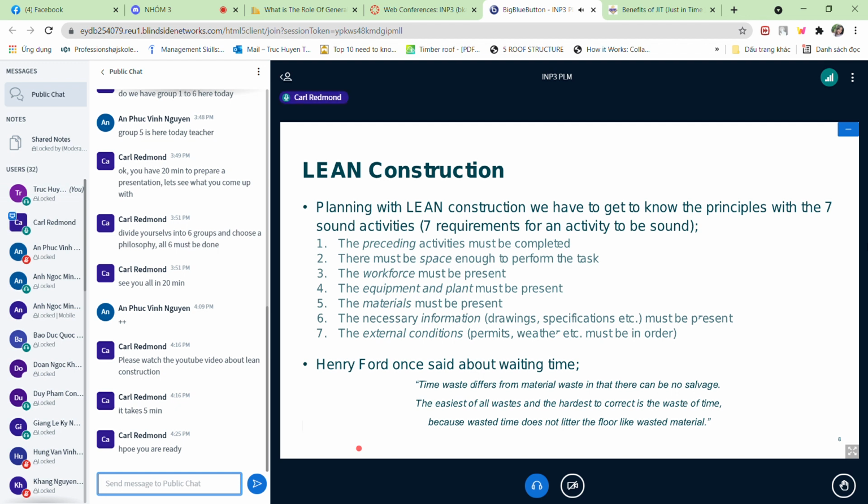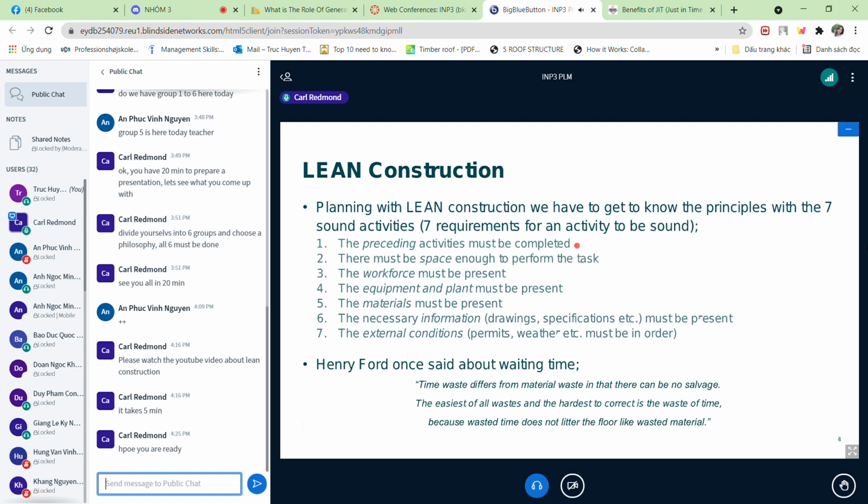If we look at the first requirement, number 1 is that the preceding activity must be completed. Now this is very important because maybe in our production line thinking, if the preceding activities aren't completed, maybe when we do our activity in line, we block for any other preceding activities to be done.